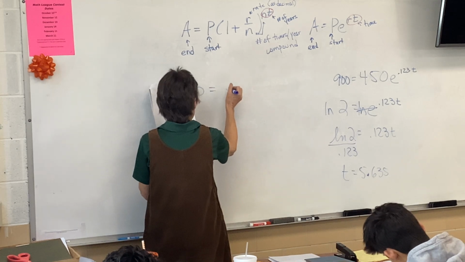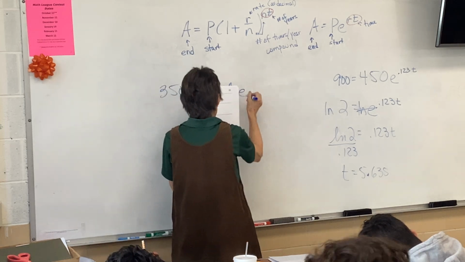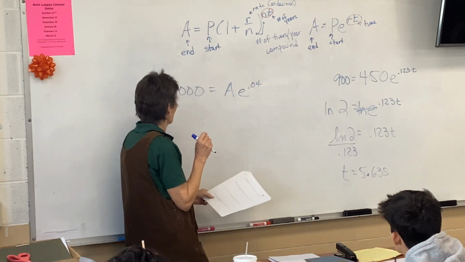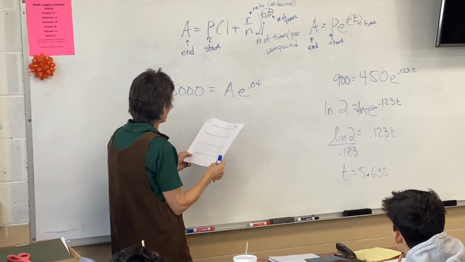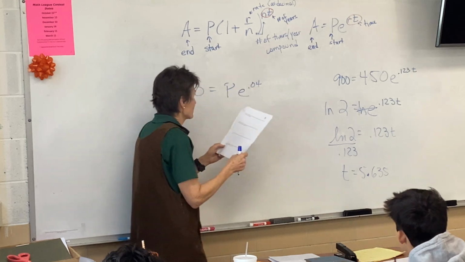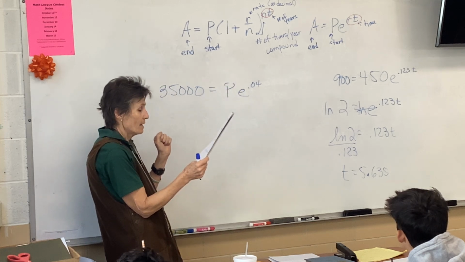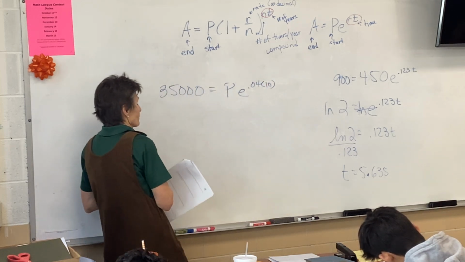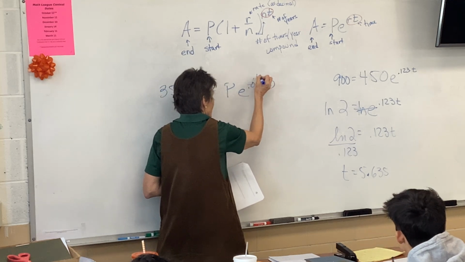What am I starting with? I don't know. My interest rate's 0.04. Isn't it P? Oh, it should be P. The amount I start with, yes, P. And T is 10. So I'm going to go ahead and multiply those and just make that a plain 0.4.